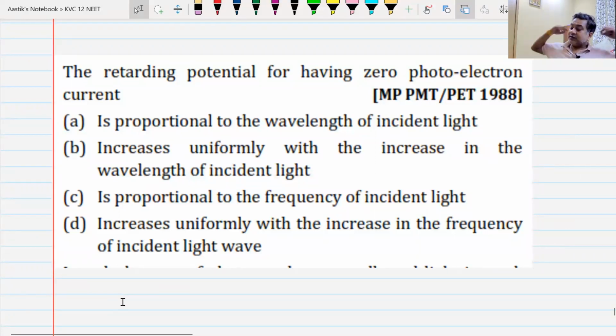The retarding potential for having 0 photoelectric current is proportional to the wavelength, increases uniformly with the increase in the wavelength, is proportional to the frequency, or increases uniformly with the increase in the frequency. Retarding potential.